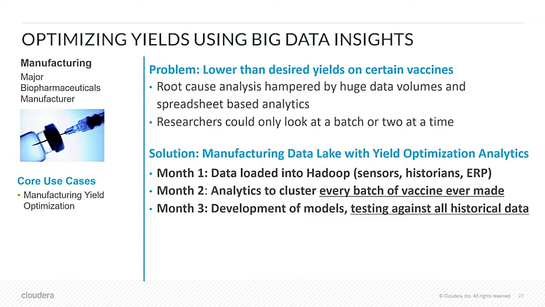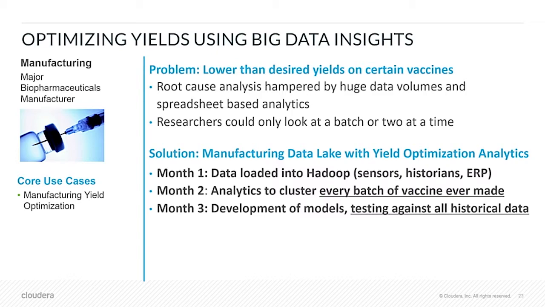So what did this company do? In the first month, they loaded all the data from every sensor, from all the factor data, whether it be from sensors or from their production, and put it all into Hadoop, into a data lake. Thousands of factors for every batch they ever made.